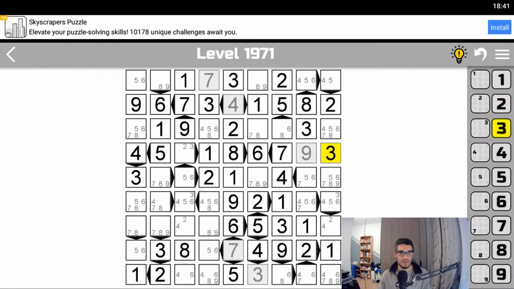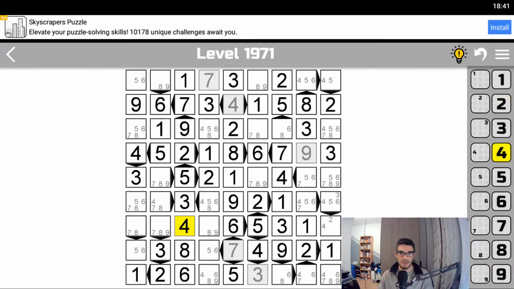This has to be a 3. Has to be a 2. This has to be a 4. This has to be a 6. Therefore this is a 5. And therefore the last remaining is a 3, right? Yeah. And then this means that this is a 4. Yeah, this has to be a 4 though, because the 2 is already there.